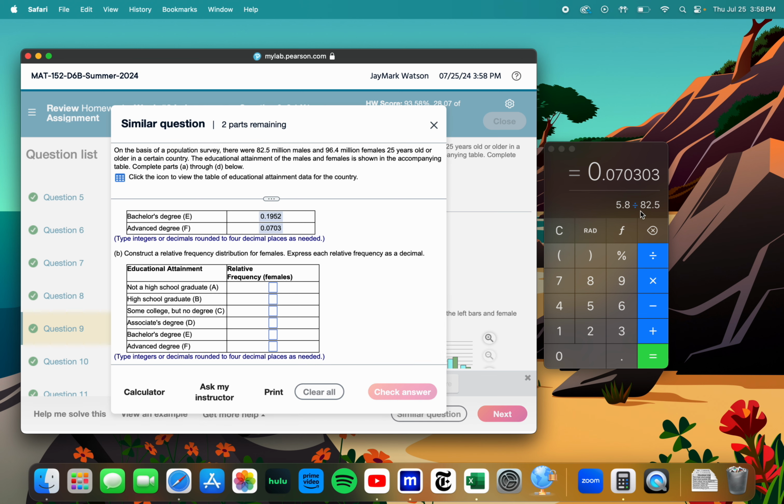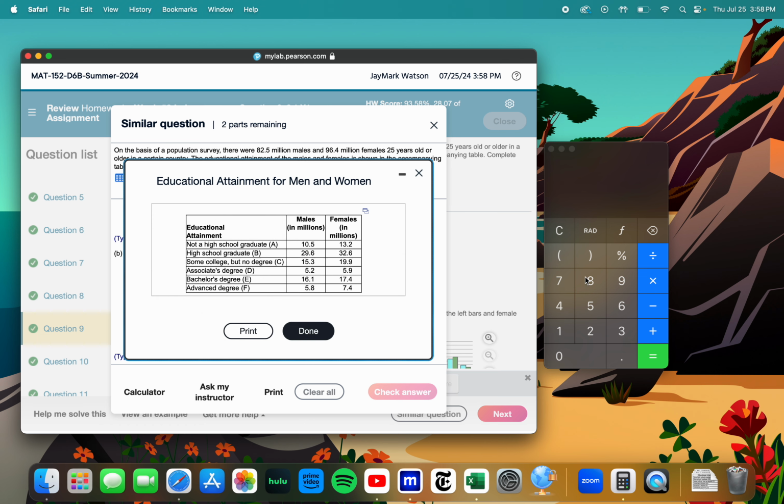So let's do the exact same thing, but with the girls. Let's pull this column up here, do some adding. It's my favorite part. So 13.2 plus 32.6 plus 19.9 plus 5.9, 17.4, and plus 7.4.